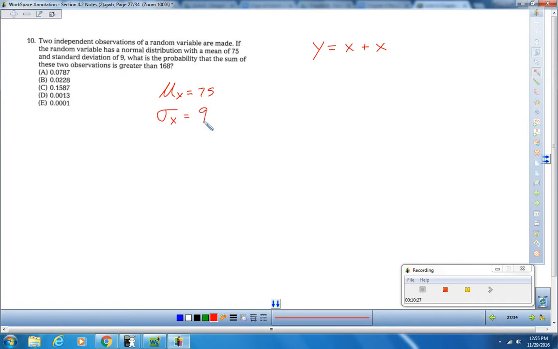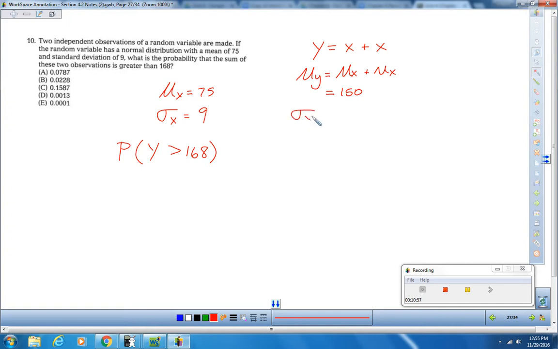What's the probability that the sum of these two observations, which is y, is greater than 168? Well, in order to do this, I need to use my normal distribution, but I have to find out what the mean of y and the standard deviation of y are. Well, the mean of y is just the mean of x plus the mean of x, or it's 150.